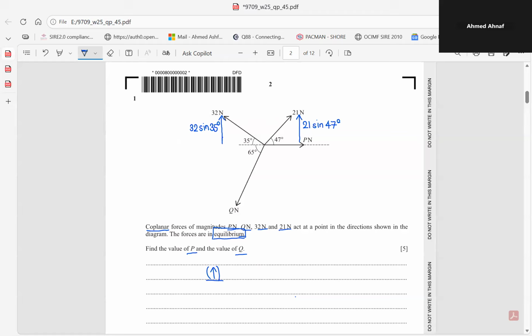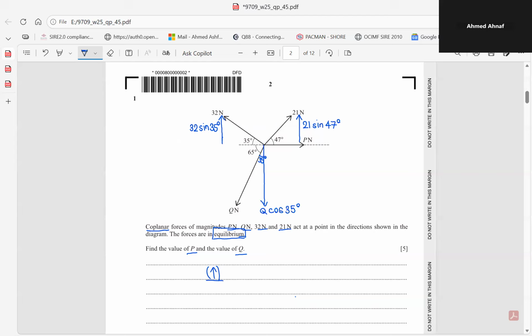P newtons is just purely horizontal. And lastly, for Q Newton, we also have its vertical component acting downwards, which is Q. So this angle is probably 35, so this is probably going to be Q cosine 35 degrees.